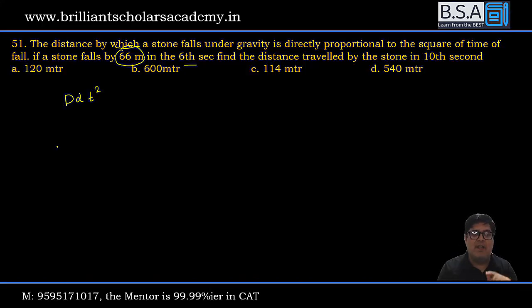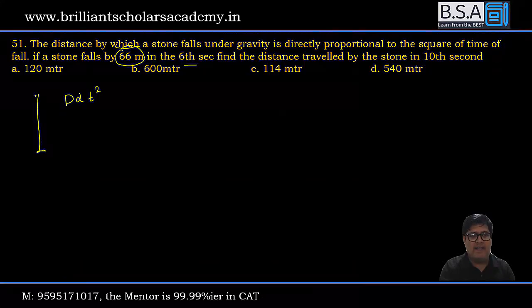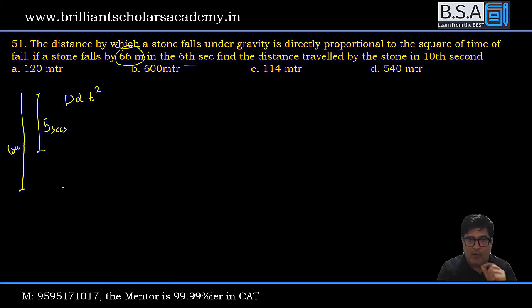See, if I tell you the stone has fallen for 5 complete seconds, can I say if it falls for 6 complete seconds, it will travel more distance? Up to this point 5 seconds end, and this is the distance traveled in the 6th second.